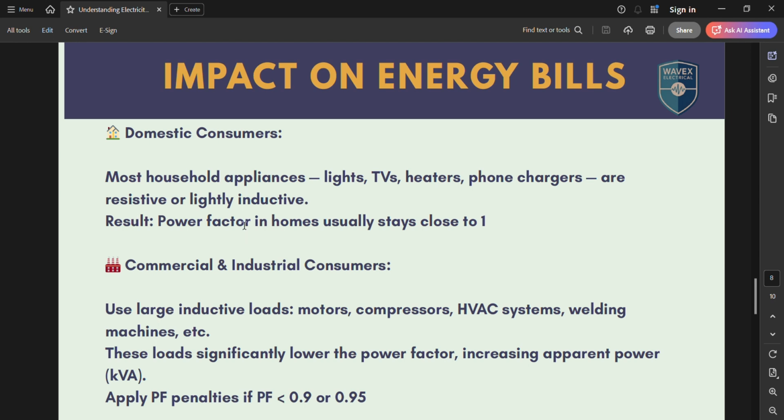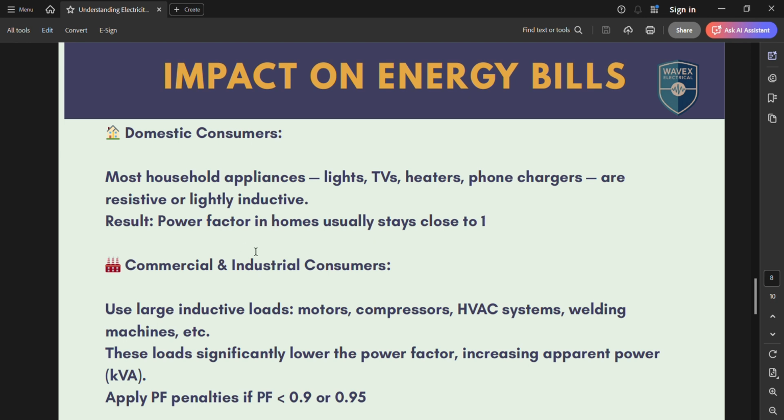So the power factor in homes usually stays close to 1, not less than 0.9 or 0.94, because there are no big motors. There will be only very small motors, and most of the other loads are resistive. So for domestic consumers, the power factor mostly stays close to 1.